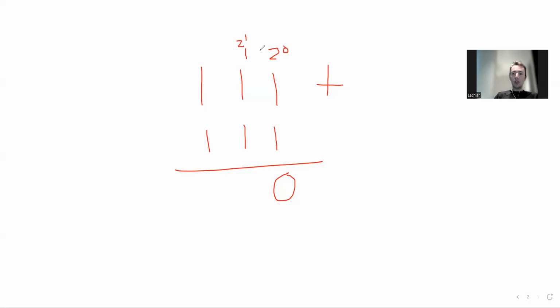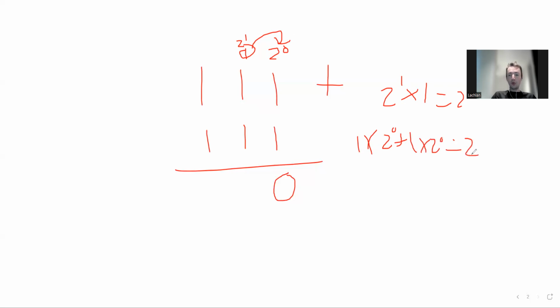So essentially, to represent that, you'd have a single 1, not 2 ones. But if I was to bring this 1 back to the 2 to the 0th column, you'd have 2 ones, right? And the idea is 2 to the 1 times 1 is 2, and 1 times 2 to the 0 plus 1 times 2 to the 0 is also 2. So that's why you lose a 1, so to speak, because you're carrying it over to the next column.